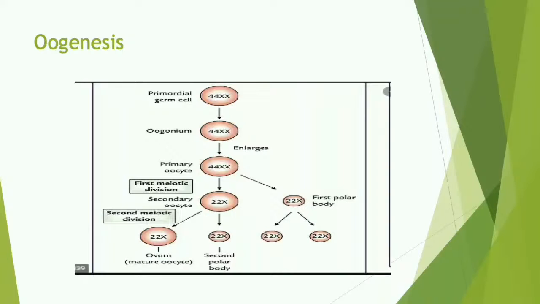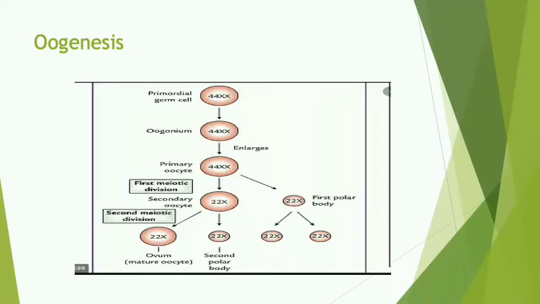When this cycle starts, just before ovulation, the first meiotic division is completed and it enters into the second meiosis, forming a secondary oocyte with a polar body. Now this is arrested in the metaphase of meiosis 2. After ovulation, if fertilization occurs, then meiosis 2 is completed.